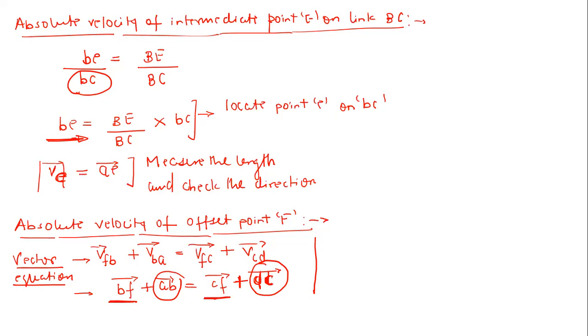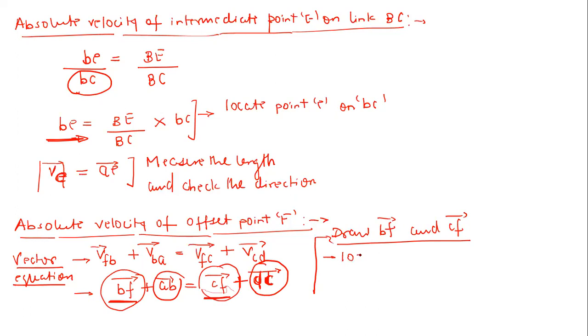So in this vector equation, if you observe, these two vectors are there, BF vector and CF vector. So the point is ultimately to draw this BF vector and CF vector. If you have to draw this, what you need to do? You need to locate point F on the velocity diagram.